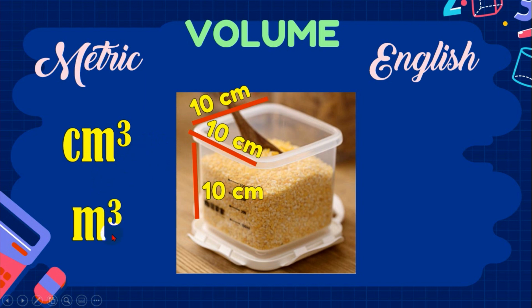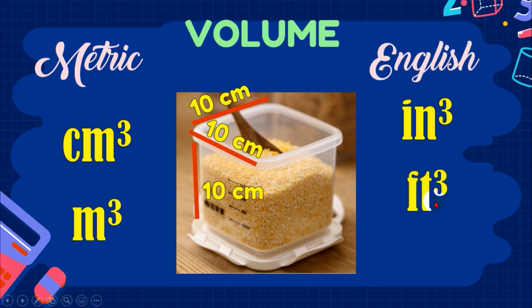We have the cubic meters. Usually, cubic centimeters are used for containers, food containers, and cubic meters are usually used for swimming pools. Then, for English, we have the cubic inches and cubic feet.